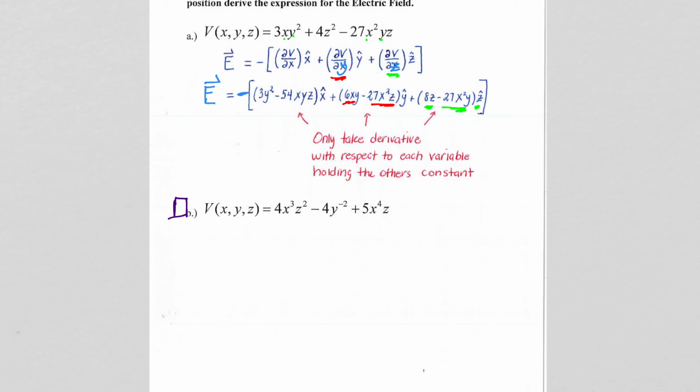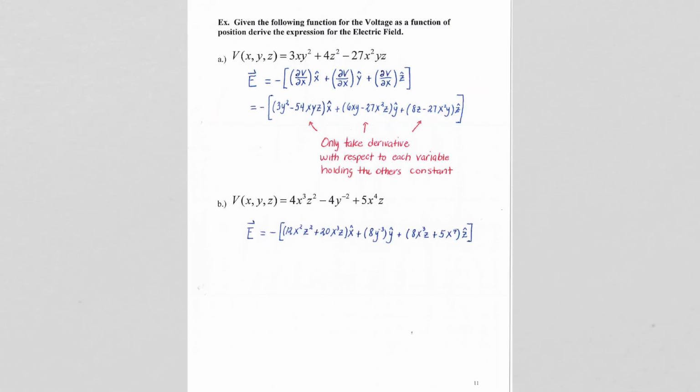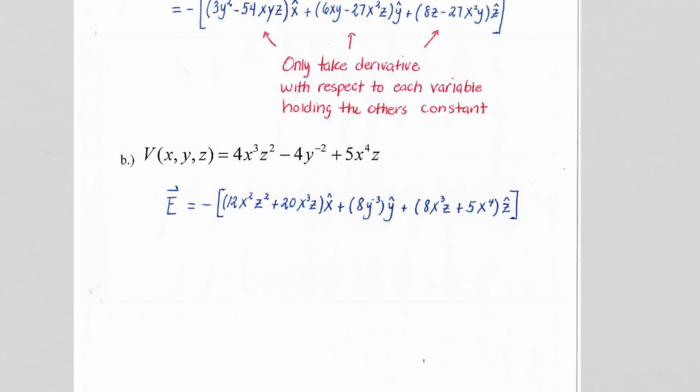Okay, hopefully you have given that an attempt, and do our answers agree? So with respect to x, the y's and z's are constants, so we get the 12x squared z squared.